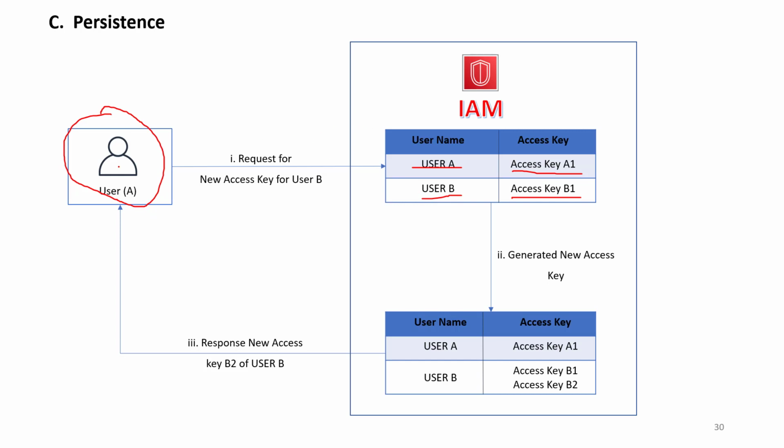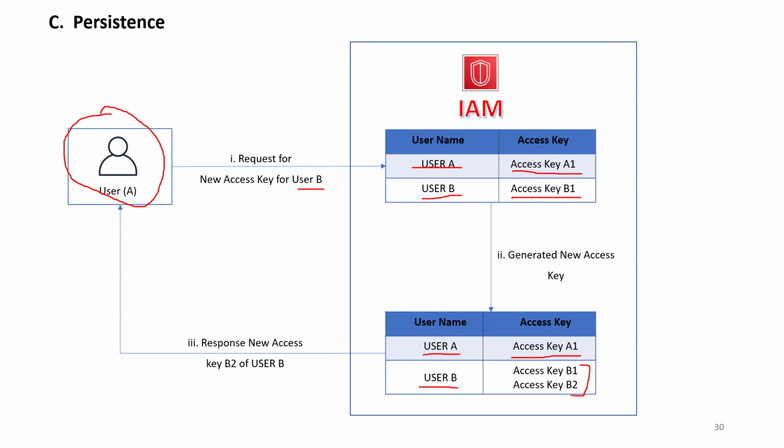You can see here I requested an access key. User A has enough privilege to request a new access key for another user, and this request is for user B's new access key. Once I request it, it will check my privilege. User A has the privilege, so it will create another access key for user B. You can see here user A has the same access key, but user B has 2 access keys.